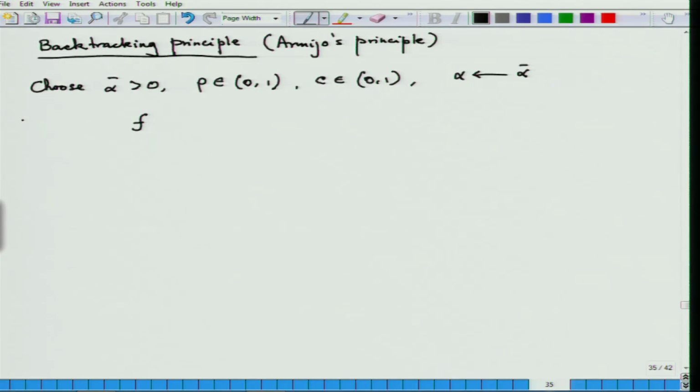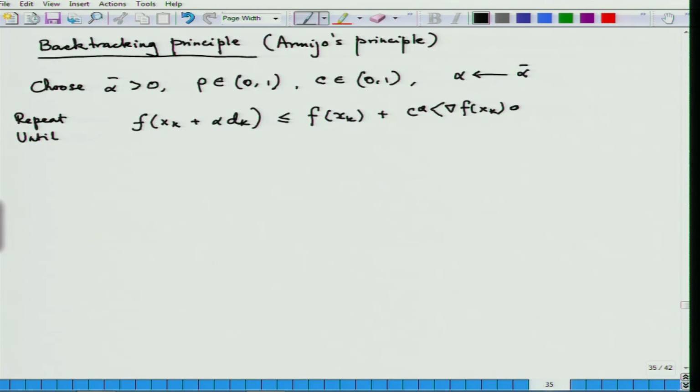Now repeat until you have f of xk plus alpha dk, where dk is a descent direction. So how do you find this alpha bar? It is the following way.